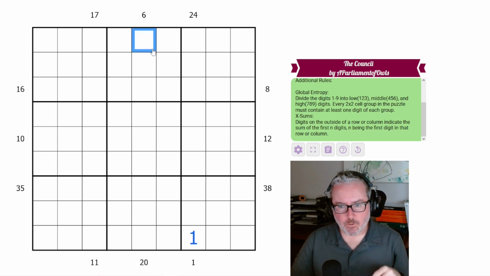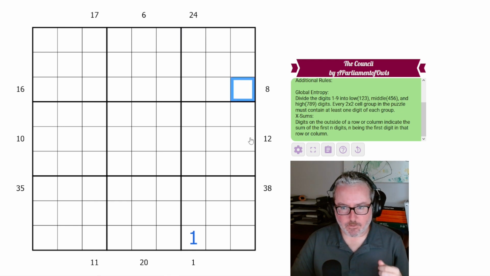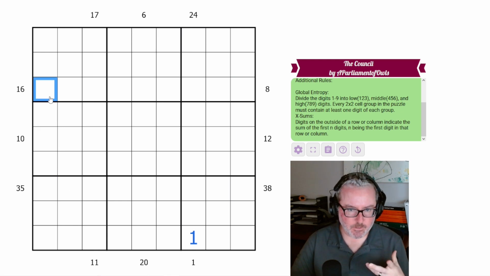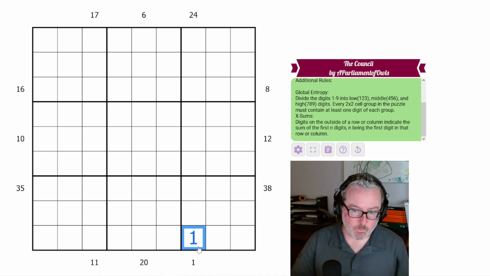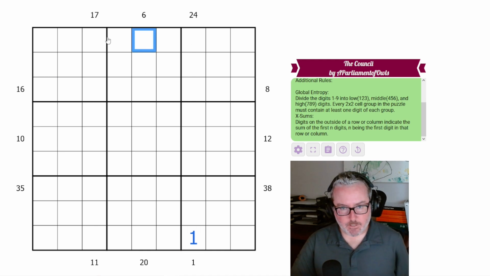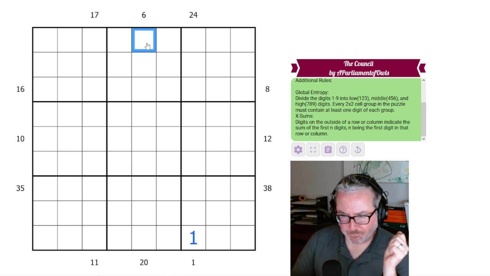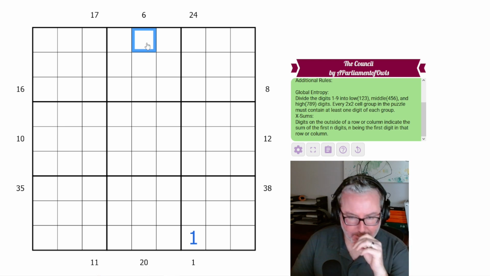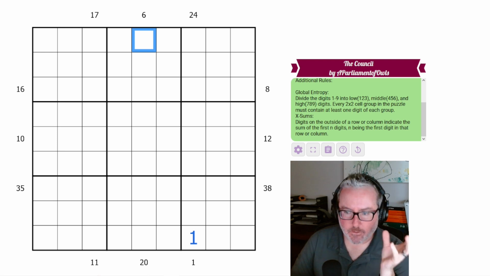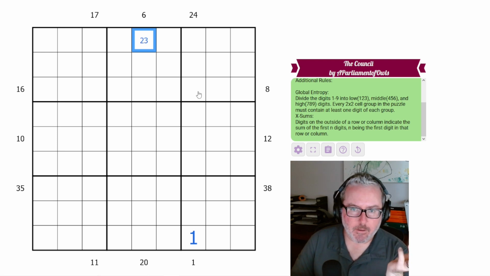We can never put 1 next to an X sum clue as the first digit unless the clue itself is 1. So everything on any of these clues must at least start with 2. Now, in a 6 value, we can only have 2 or 3.